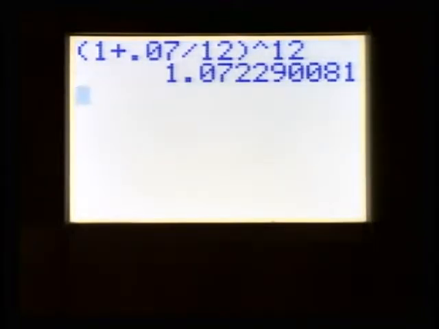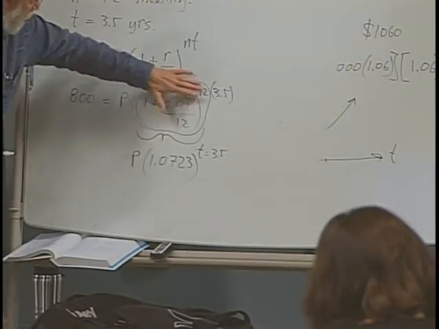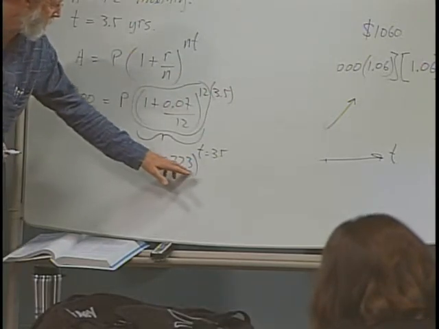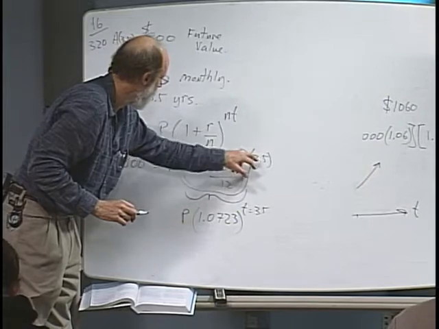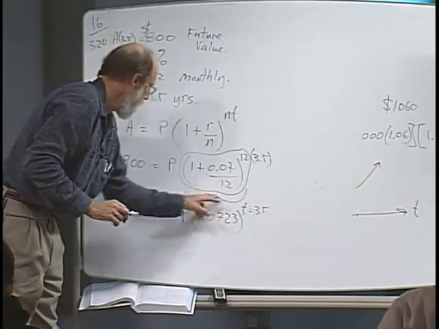So that turns into 1.0723 approximately, raised to the t, where the t happened to be 3.5. Okay, so just the thing here that I've circled is this 1.0723 approximately, raised to that 3.5 power right there.